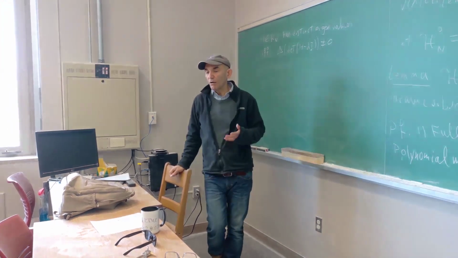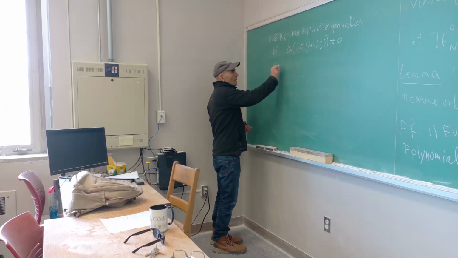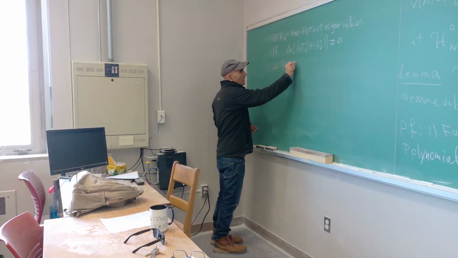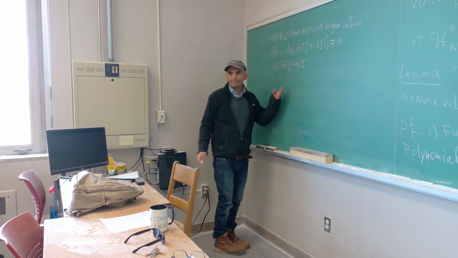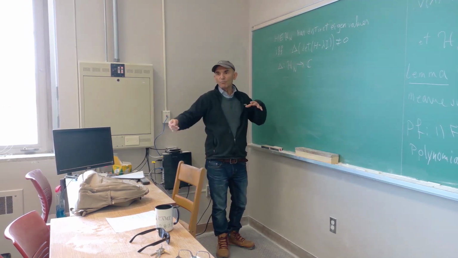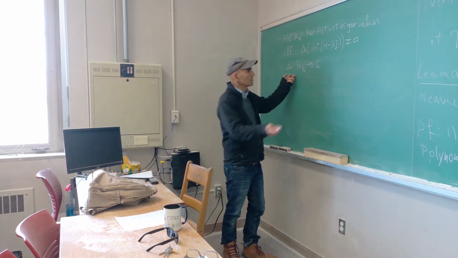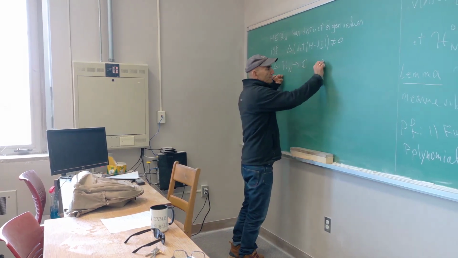So now we can think of the discriminant function delta going from Hn to C, and this Hn0 is exactly the set of points where this is non-zero, and it is a continuous map, first of all.